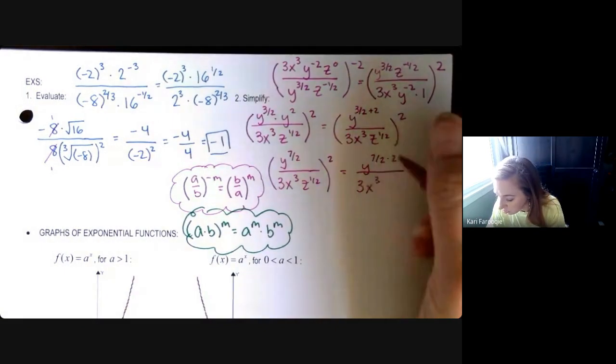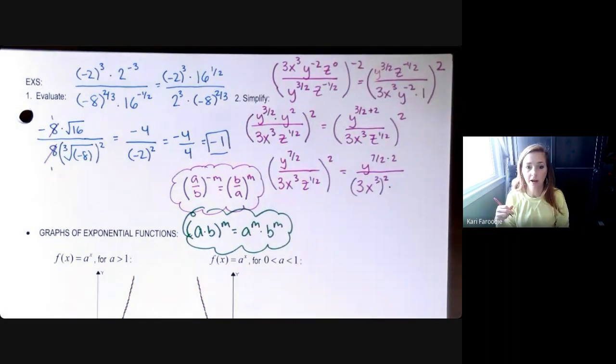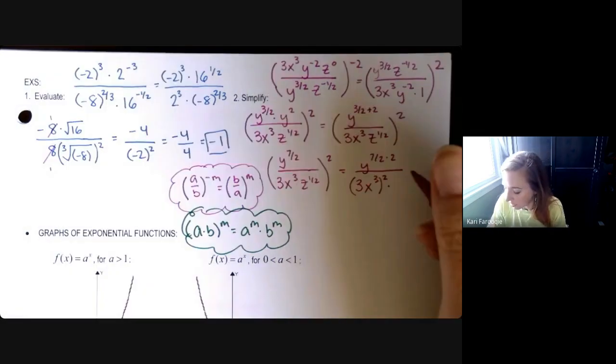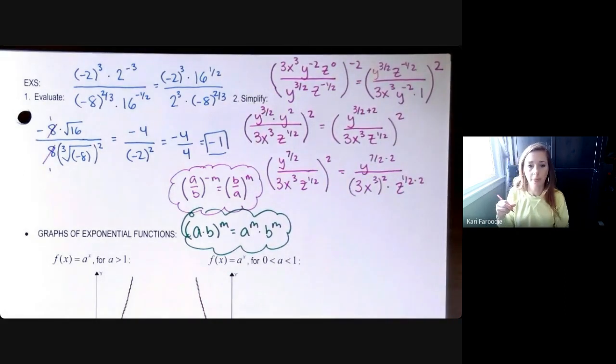So if you want to just apply it separately, that's fine. I'm going to apply it to the whole thing and simplify it in the next step. And then I have z to the 1/2 times 2. And we just have one more step. It's almost done.